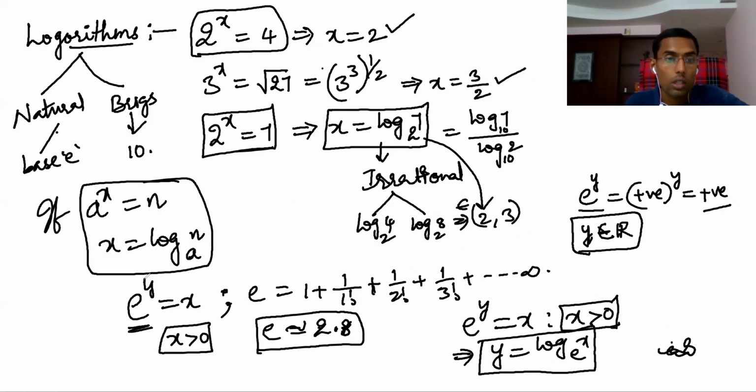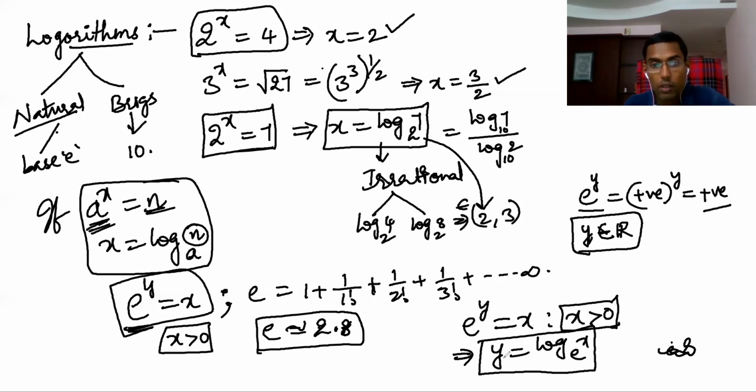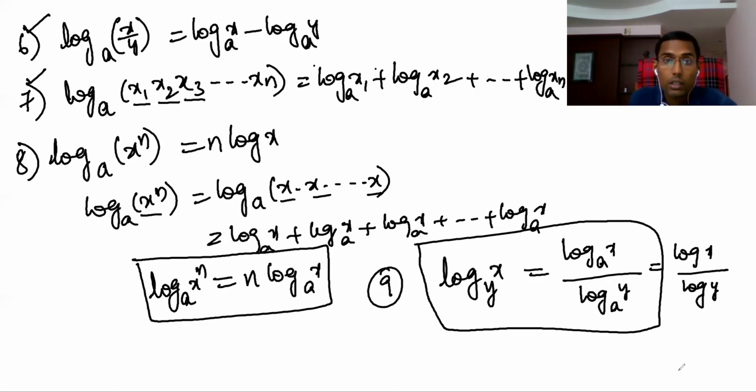Generally we discuss natural logarithms, where a to the power of y equal to x, y equal to log x to the base a. Here we take a only positive, we don't take negative. Only for positive a do we discuss this logarithm. So obviously, if a is positive, a positive power of anything is positive. Therefore e to the power of y equal to x means x must be positive, because e is positive and a positive number raised to a power is positive. So that's what I told you.